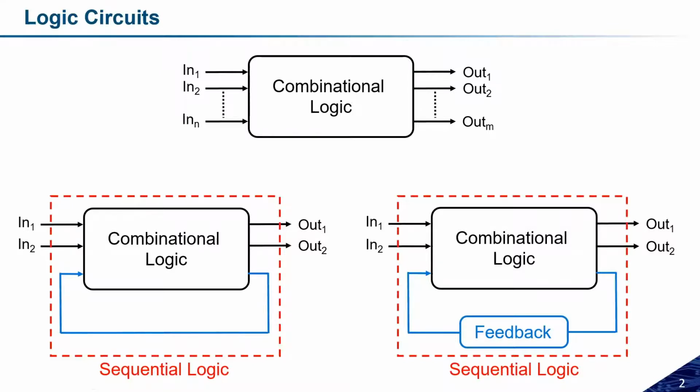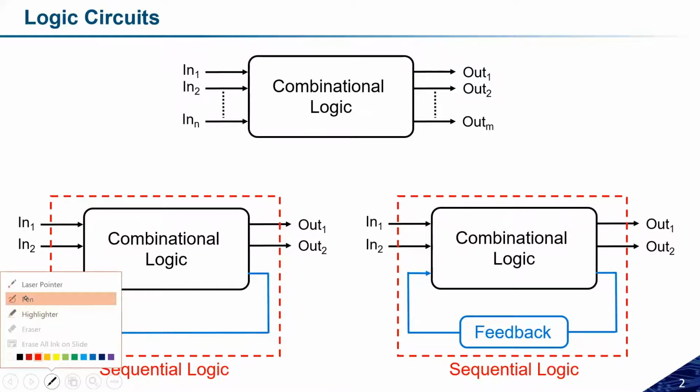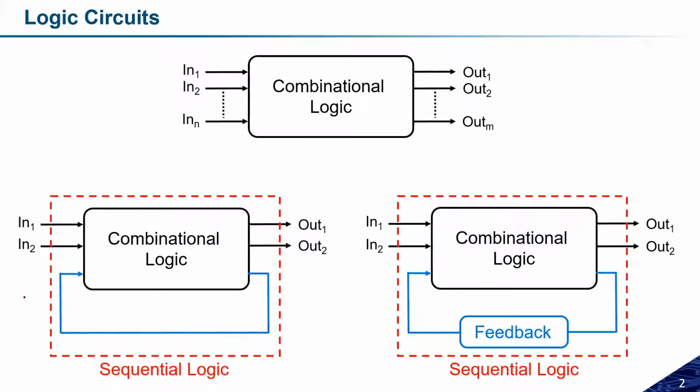This is really very important. The feedback path which we have provided in both circuits, especially the bottom one, can create some memory effect. What is that memory effect? Suppose I have connected the output with the input, and I provide some input at t equal to 0.